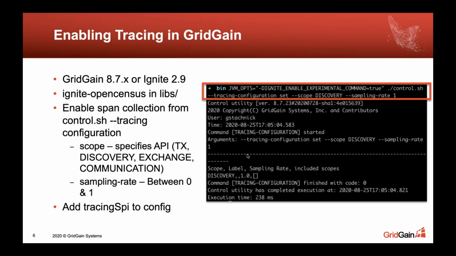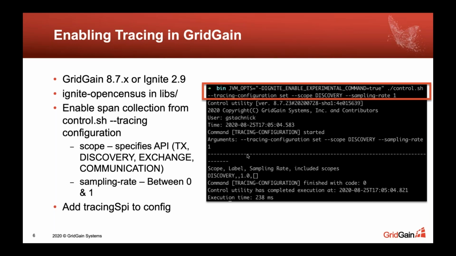And then when you restart your cluster, that will add the OpenCensus libraries onto your class path. Once it's on your class path, then you would just need to make a couple of additional changes. One is you'll need to add the tracing SPI to your configuration file, and I'll show you an example of that when we get into the demo. It's just a simple one-line property that you need to add to your, say, your Ignite config XML.